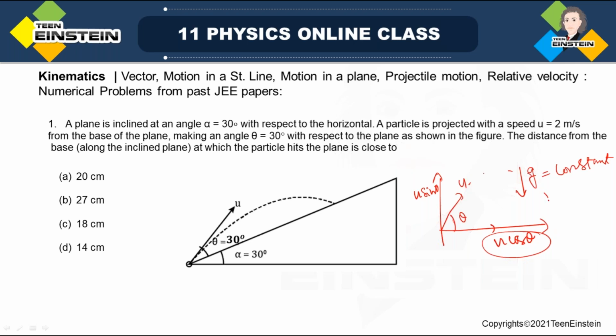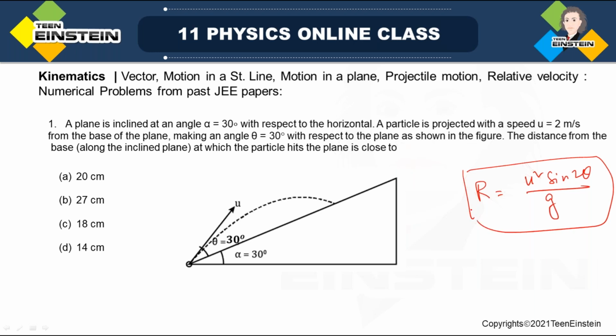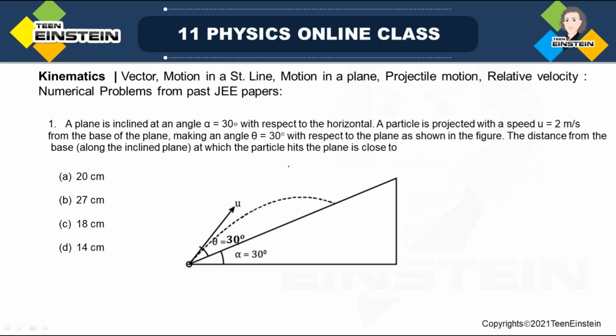So generally we find the time of flight and multiply u cos theta by the time of flight to find the range. But if you just use the formula u squared sine 2 theta divided by g, this is not going to work in the inclined plane. You have to make certain modifications.